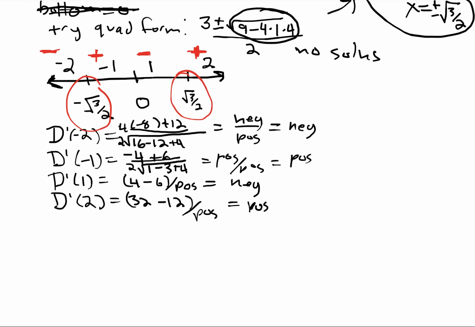So this sign chart is going to tell me I have a local, specifically a local min, at x equals positive or negative root 3 over 2. Now, I mentioned to you guys before, if you only have one minimum, then it's going to have to be global. But we've got 2.